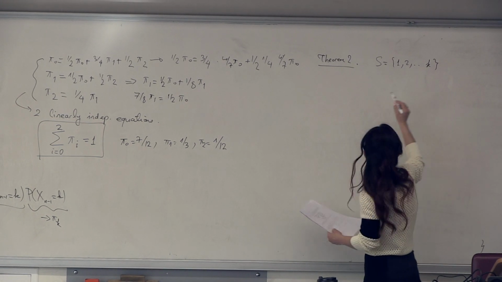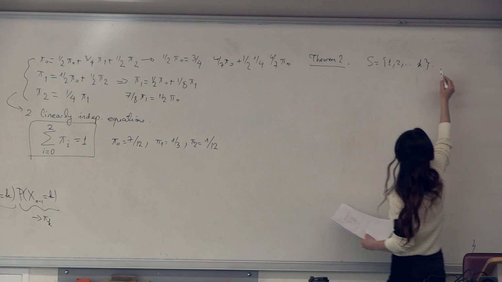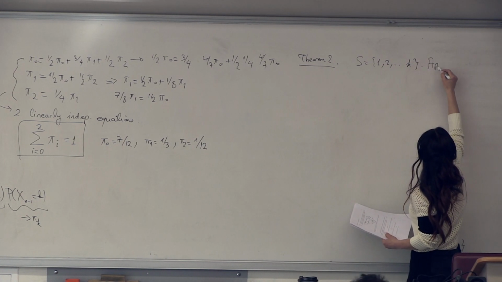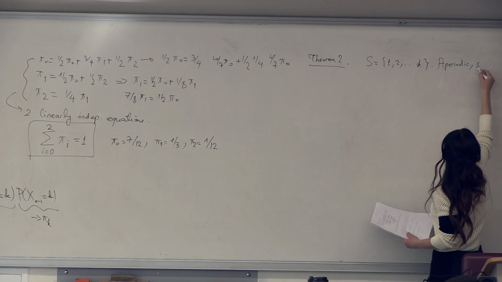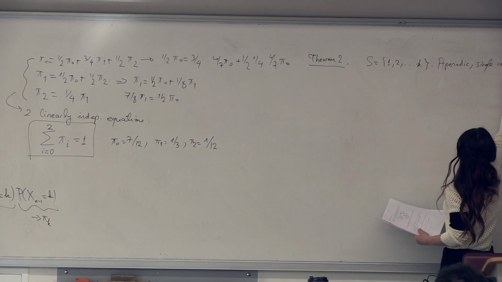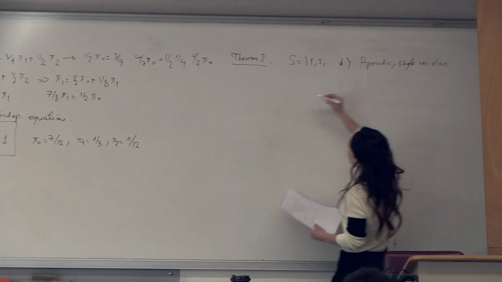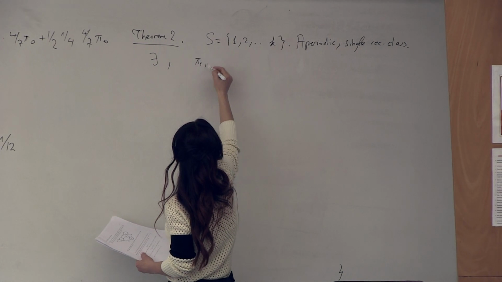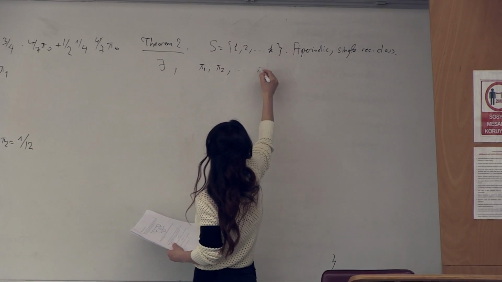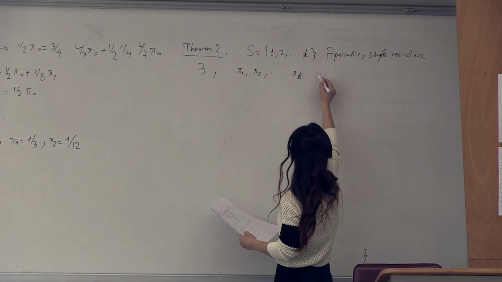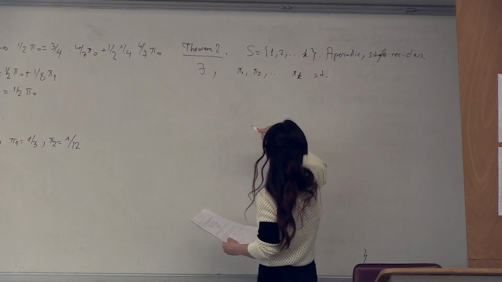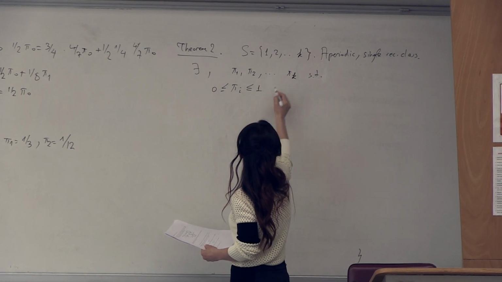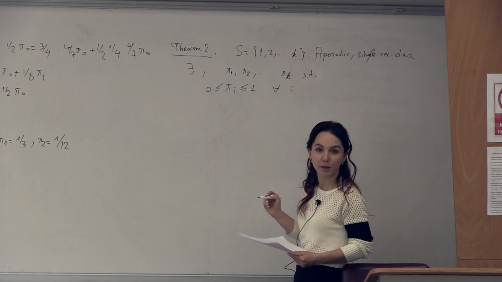Then, let me just write it here: aperiodic, single recurrent class. Then there exists a finite set of values pi 1, pi 2, up to pi k, such that they are all, of course, between 0 and 1. They're probabilities.